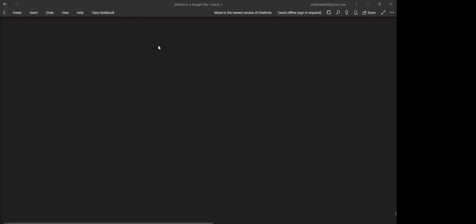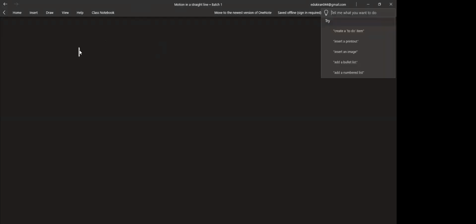See, this question says, the first question I've downloaded. It says the body covers the first 1/3 of its journey with speed u. Next 1/3 means we have to divide the total.